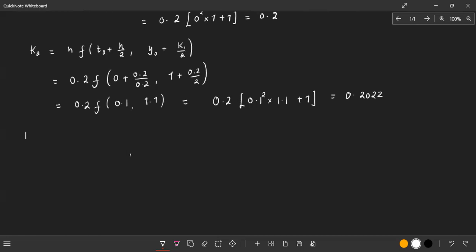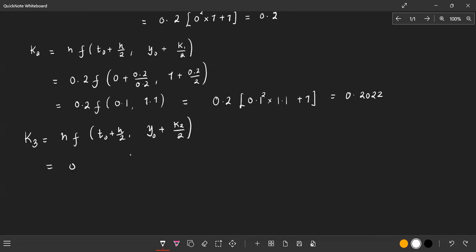Similarly, you can get our K3. Our K3 is simply equal to h f of (t naught plus h over 2, y naught plus K2 over 2).